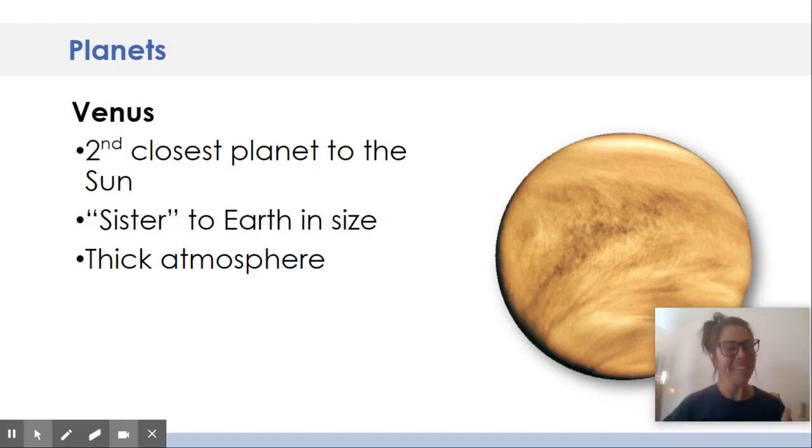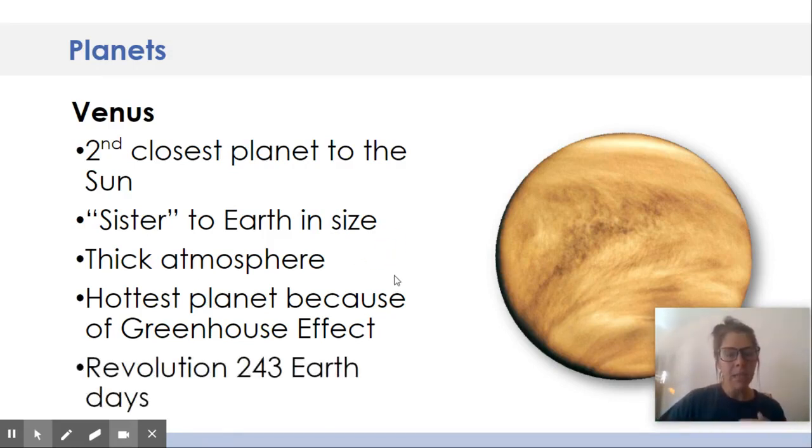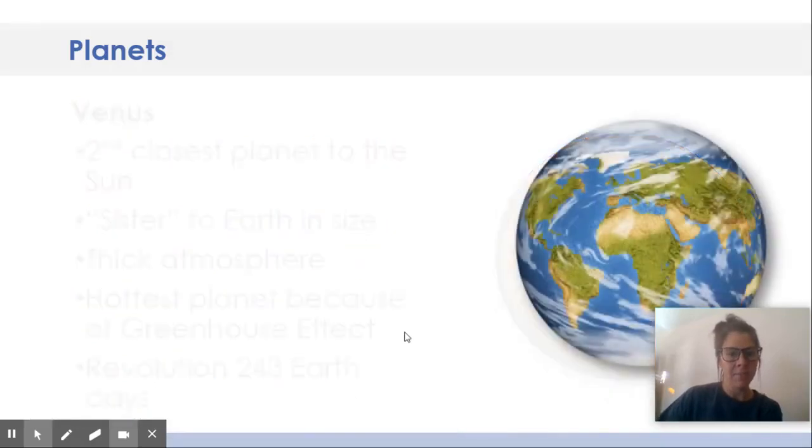That might work for you. Remember it if so. But scientifically speaking, we call it a thick atmosphere because of the CO2 that's surrounding it. And it traps heat from the sun. Remember, it's the second closest planet to the sun. And it does have the atmosphere. So it traps all that CO2 in and makes it crazy hot on the planet. It has a revolution a little bit shorter than Earth's, too. It's 243 days that makes a year on Venus.